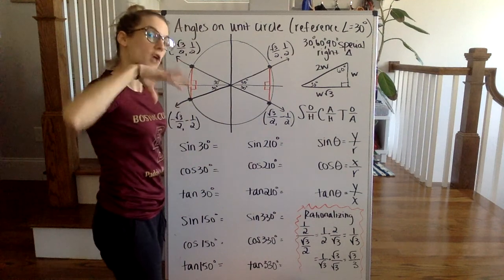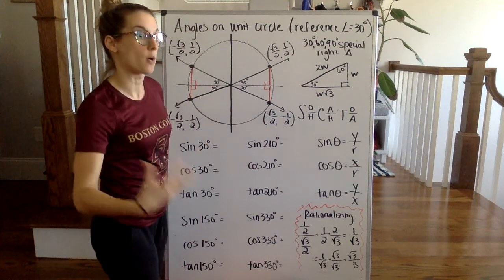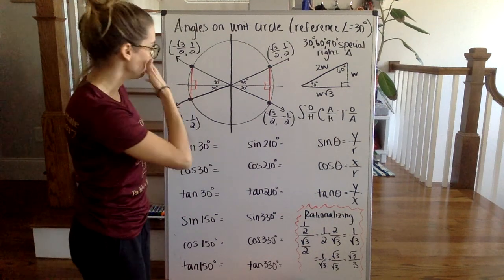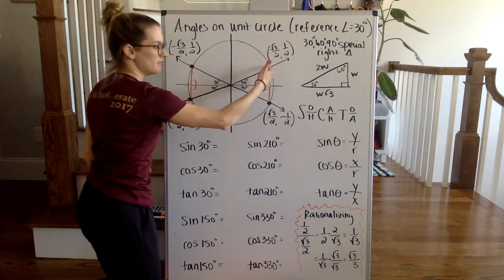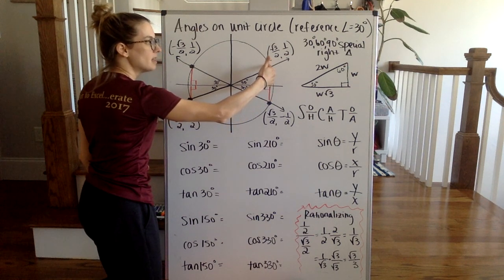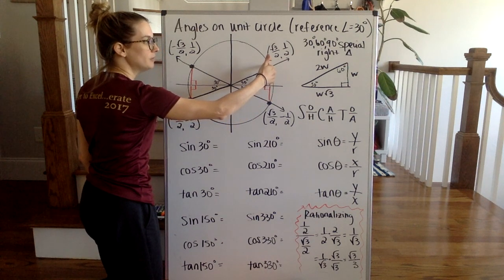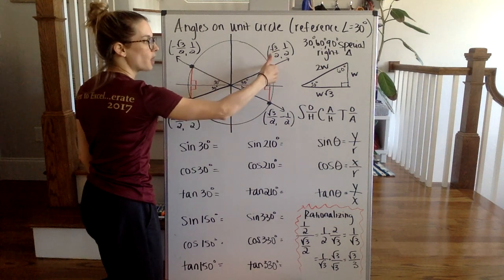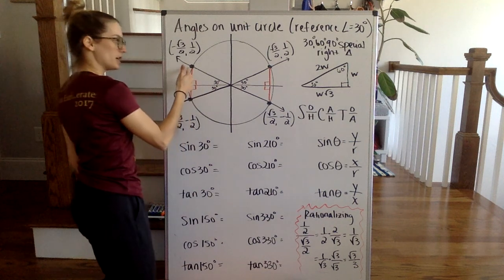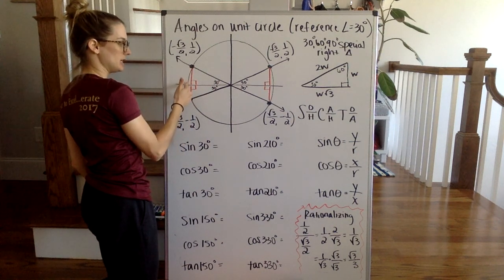Okay, so now that we've talked about our 4 related angles, our 4 bow tie angles, I'm just going to throw up here a couple other things we know. Now what you might notice is that I've drawn an altitude from the point on the terminal side of the angle where the terminal side crosses the unit circle, and I've drawn that altitude to the x-axis. Over here, from the point, I've drawn an altitude to the x-axis.